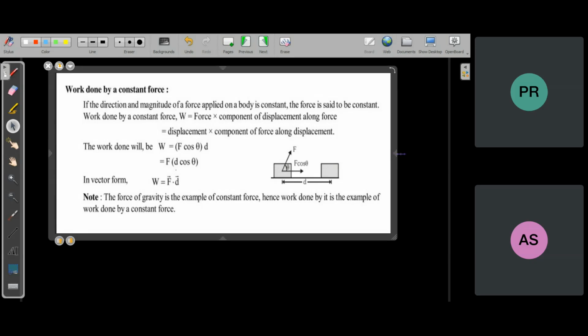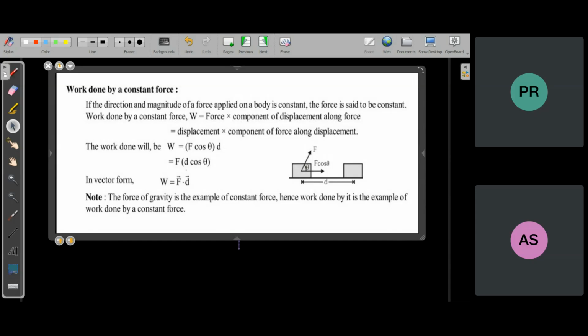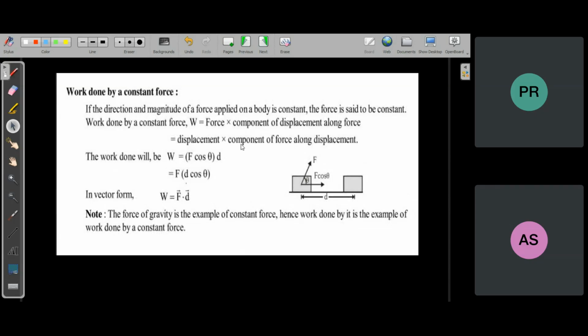So when we take the dot product of force vector and displacement vector, the result is work, and it will be a scalar quantity. So work is a scalar quantity. Here you can see that it is the dot product of force vector and displacement vector. Now, if you see here, it will become F D cos theta.